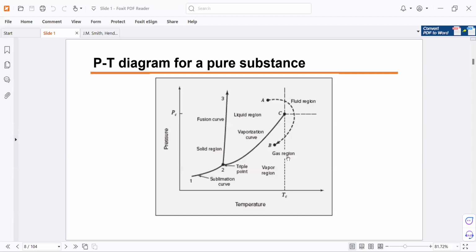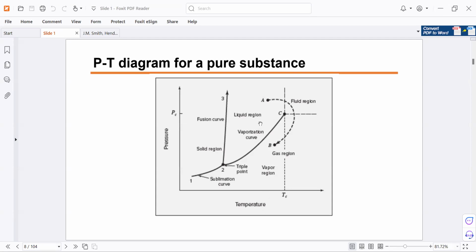Okay, and then we also have the gas region here. So what's the difference between a gas and a vapor? The gas region is actually divided into two. The one on the left of the critical temperature, we call the vapor region. A vapor, which is on the left, can be condensed by compression at constant temperature.